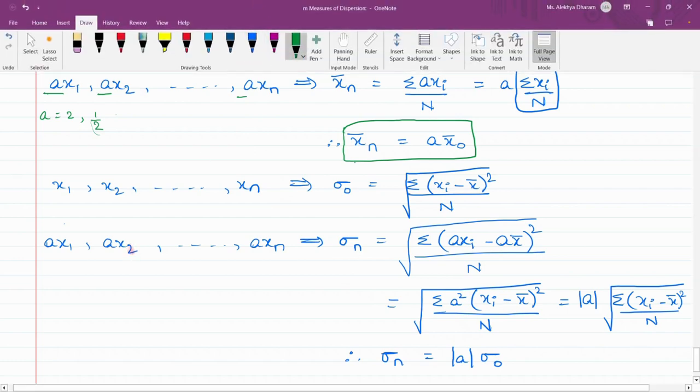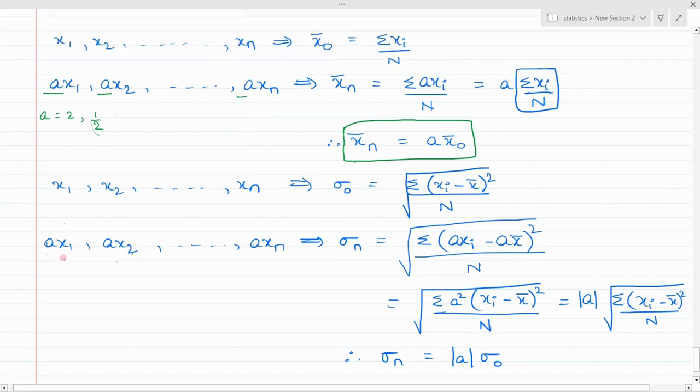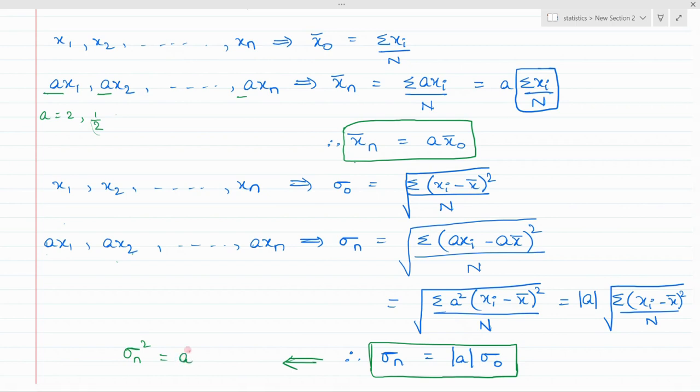So when we multiply or divide by a constant value a, the standard deviation will also get multiplied with the constant value. Similarly, the variance will also be a square times the old variance.